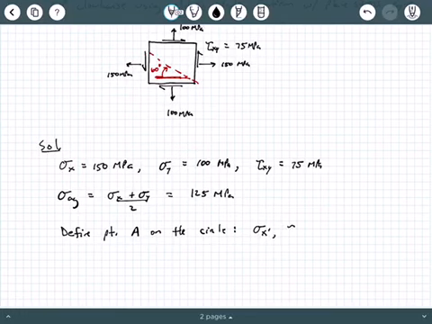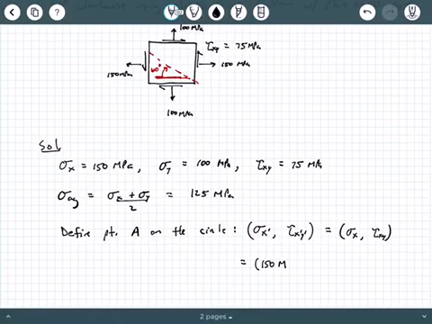And then we're going to define a point A. Define point A on the circle, okay? And again, point A is defined as local and global axes are corresponding with one another.